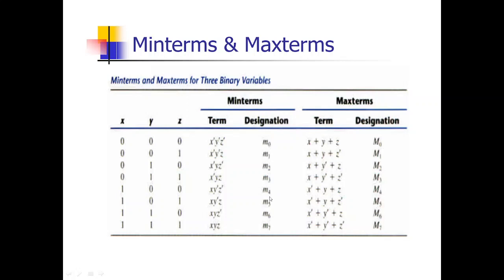The subscript values are the same, but here it is a small m and here it is a capital M. Min terms are represented with small m, max terms with capital M. All the remaining ones follow in the same way. So for 1, 1, 1, it is x dash plus y dash plus z dash, designated as capital M7, and it is a sum term.